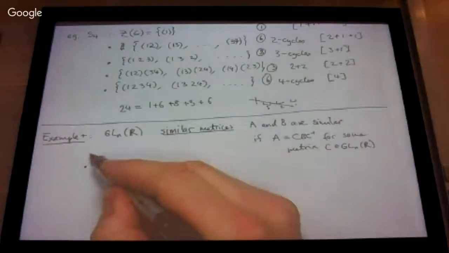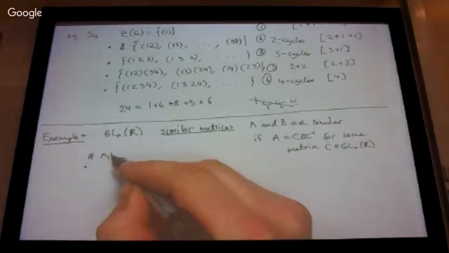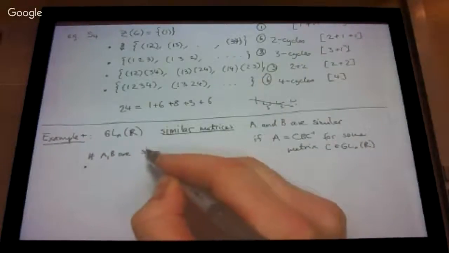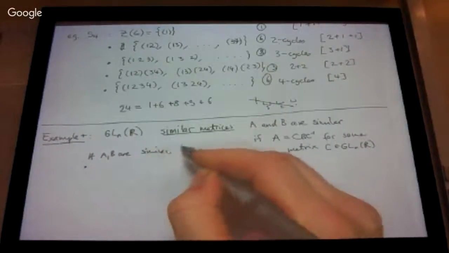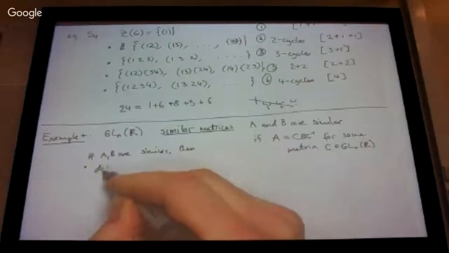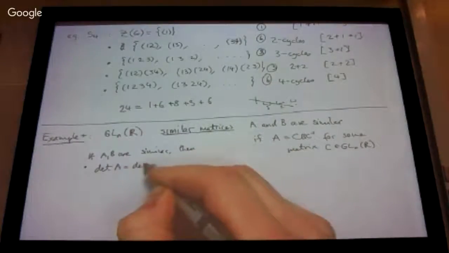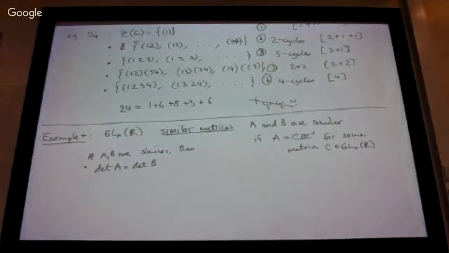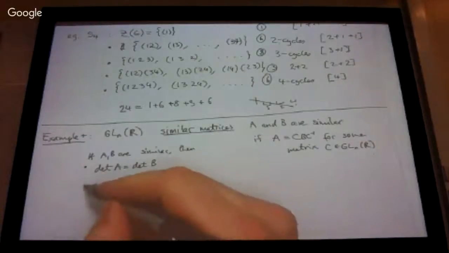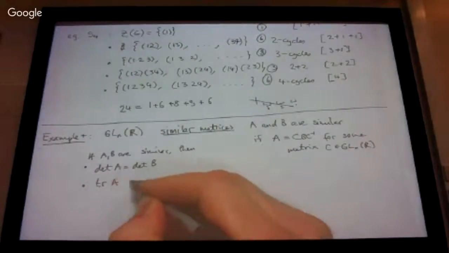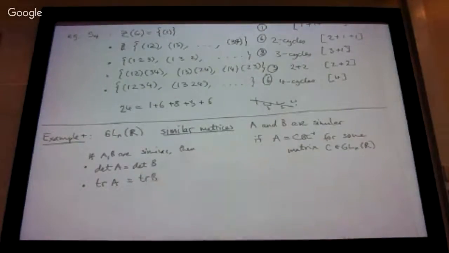If A and B are similar, it's kind of clear. But also the traces are the same. I don't know what a trace is.